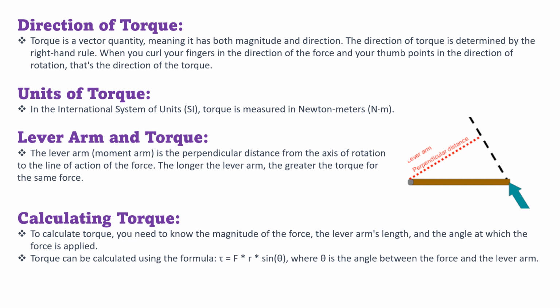Since I told you torque is a vector quantity and a physical quantity, what are the units of torque? Torque is measured in Newton meters. According to the international system of units, sometimes we call SI units, torque is measured in Newton meters.